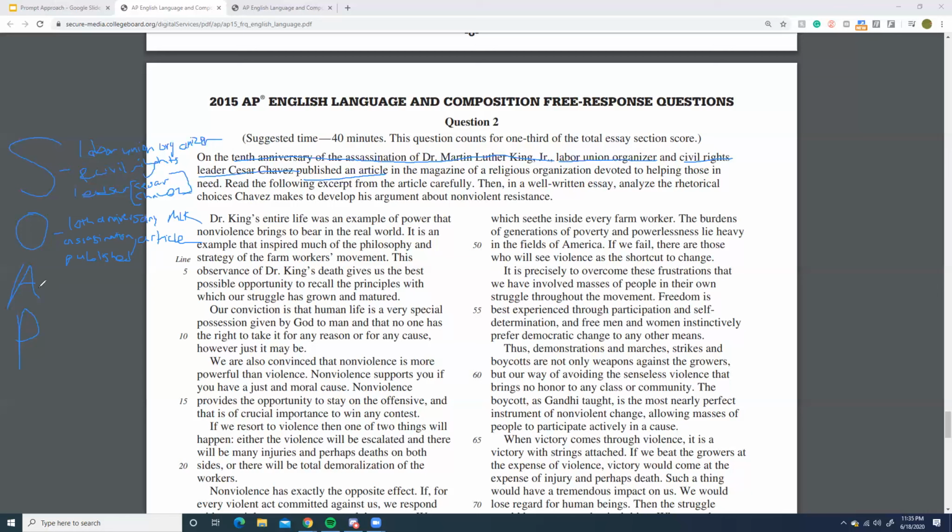Okay, so the audience. This is also given to us in the blurb, which identifies that the article was published in a magazine of a religious organization devoted to helping those in need. So the audience: readers of the magazine of the religious organization.